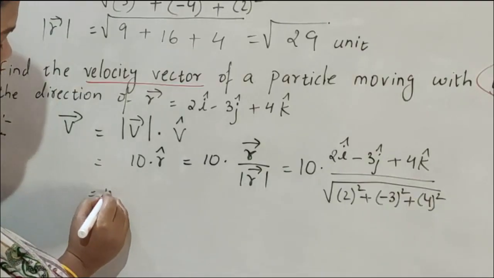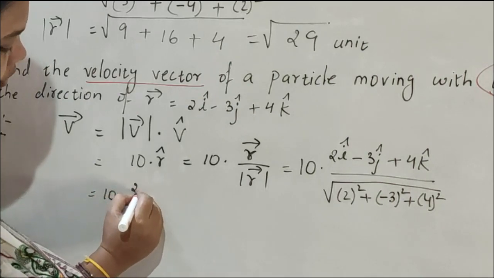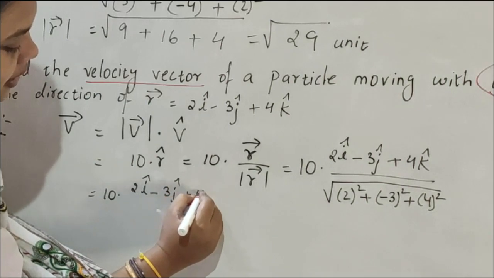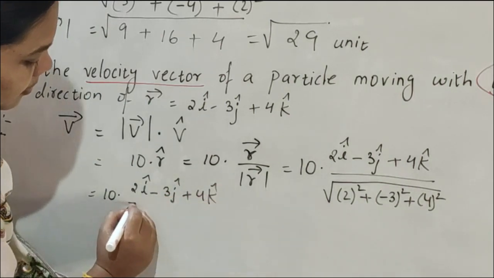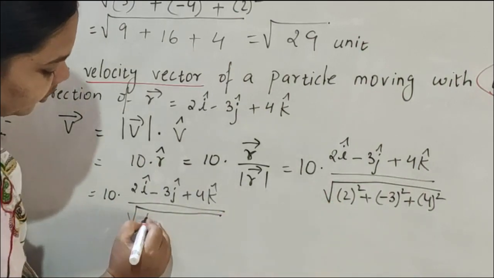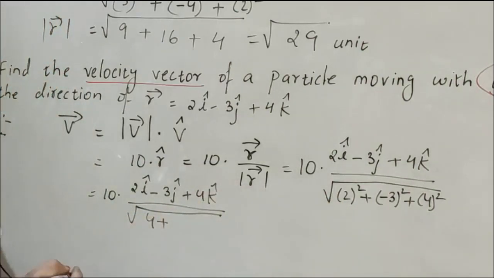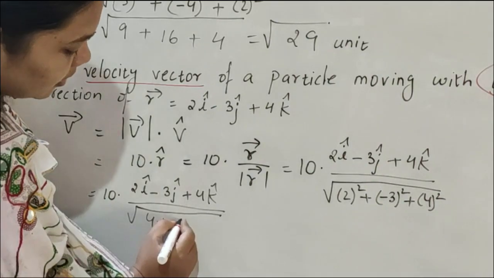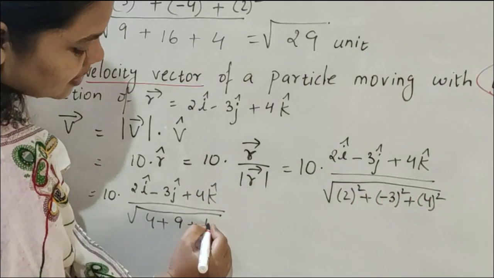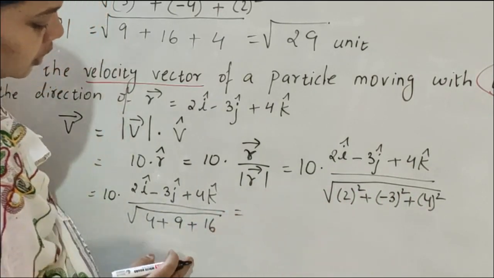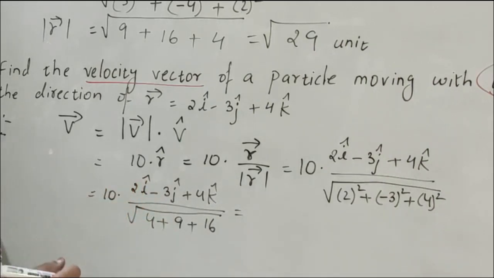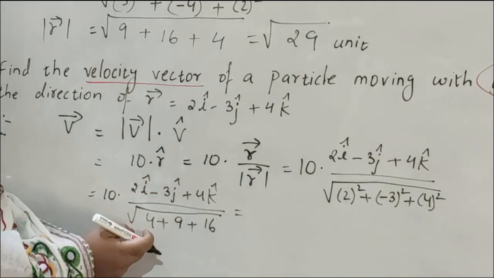Okay, 10 into 2i cap minus 3j cap plus 4k cap by the whole square root of 2 square 4, minus 3 square 9, 4 square 16. So 16 plus 4 is 20, plus 9 is 29. What is the value? Root 29.